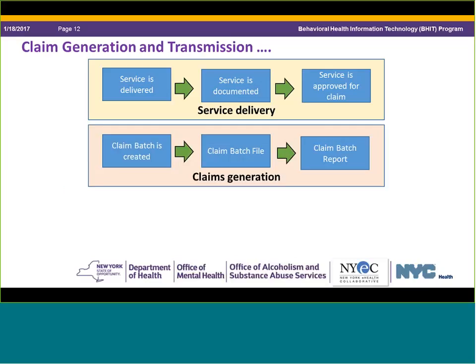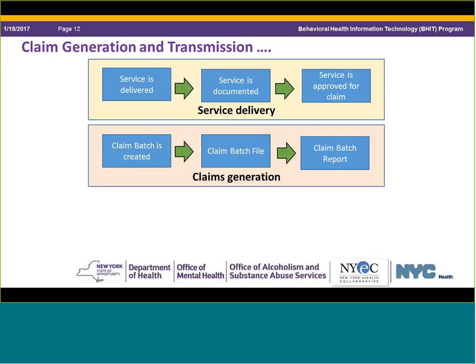The next step is to batch the claims. Once the service is approved for a claim, the claim is then batched. Batch means to gather all the outstanding individual line item claims and put them into one area, which will become the claim batch file.